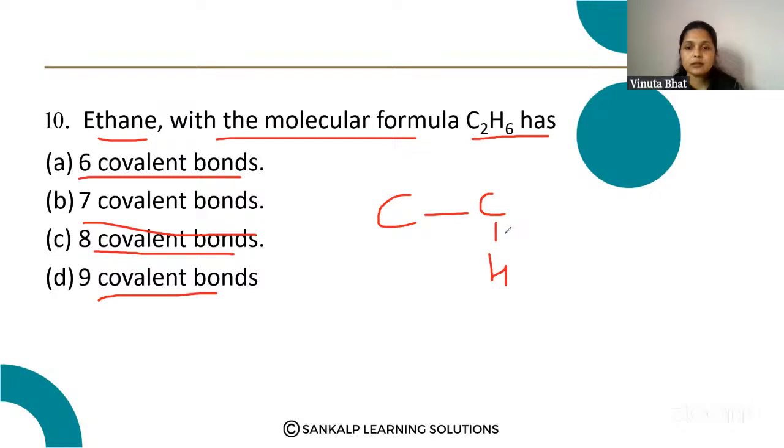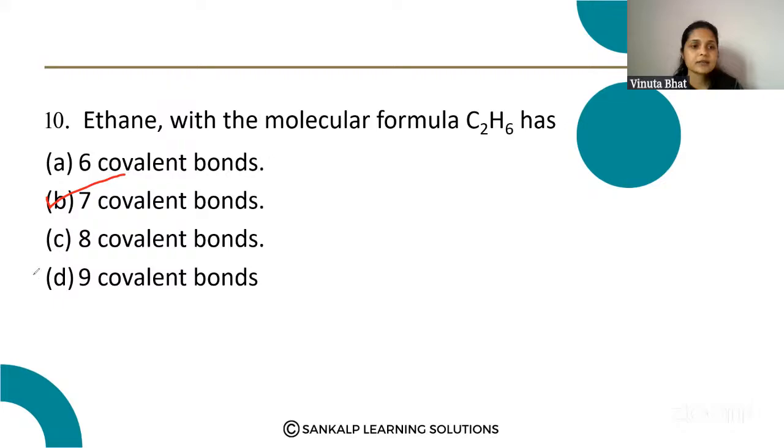C2H6: 1, 2, 3, 4, 5, 6. So how many covalent bonds does it have? 1, 2, 3, 4, 5, 6, 7 covalent bonds. Option B is the correct answer.